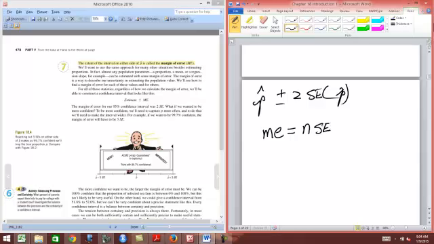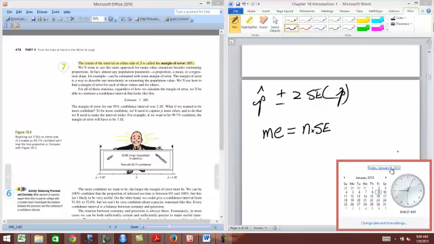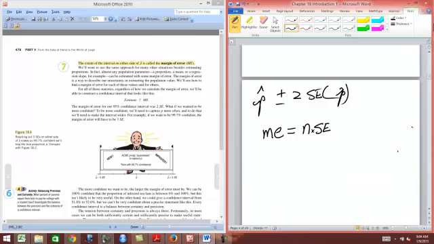So n times the standard error. That's what the margin of error is. And that number is added or subtracted to p hat. So the confidence interval equals p hat plus or minus the margin of error.